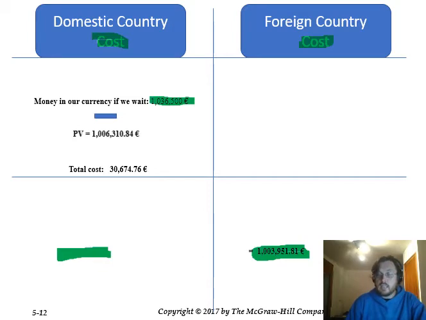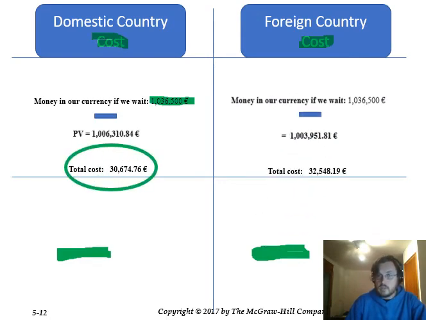Where do we get the cost in the foreign country? Look at what happened now. We get it from the money in our currency if we wait minus the money that we can get today. So that's the cost of 32,548.